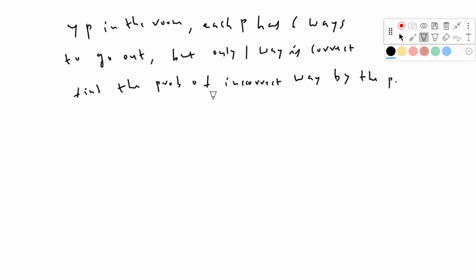Very important. See. So first of all, 4 persons are there in this room, right? Totally 6 ways to go out, but only one way is correct. That means correct way is only 1 out of 6 ways. Remaining 5 ways are incorrect out of 6 ways, that is 5 by 6. So incorrect ways are 5 by 6 by one person.